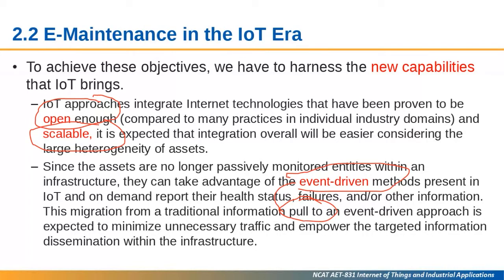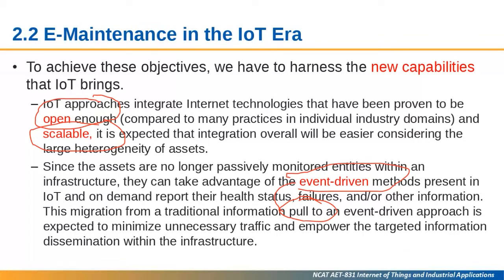If it is a pull system, basically maybe every hour, maybe every minute, the center system will send a signal to retrieve the current data to see whether the system is functioning well, for example. And usually, maybe more than 90% of the time, the machine is working well, right?